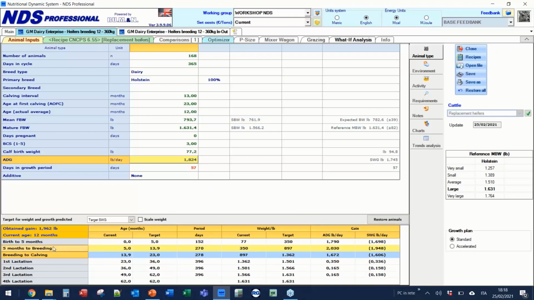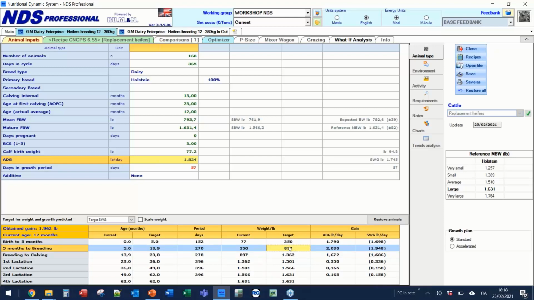You can see that we are in this stage of the growth, from 5 months to the breeding. The goal is to reach 13.9 months, having close to 900 pounds.